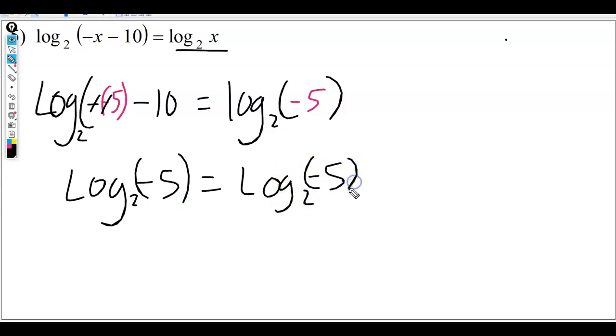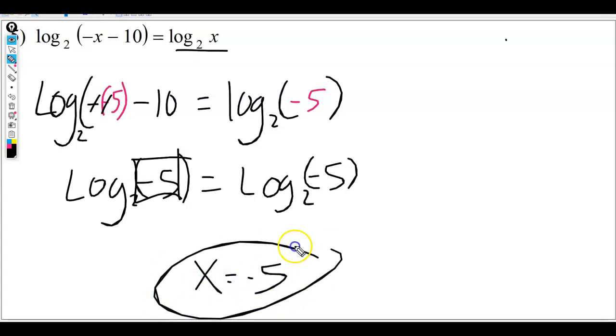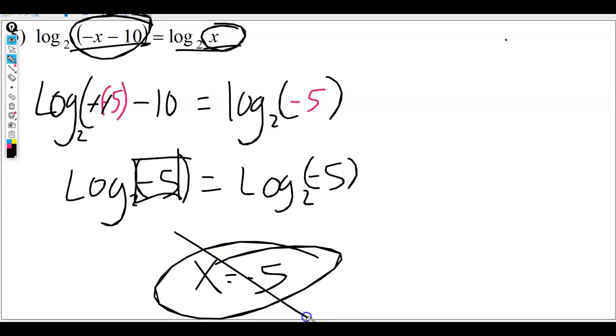Okay, well, see how those two sides are equal to each other? That's cool, but here's the problem. Your argument cannot be negative or 0. So here's the deal. Whatever answer you got, and we got -5 as an answer, right? If you plug that in and it makes the argument become negative or 0, we're going to cross that answer off and we're going to say no solution.